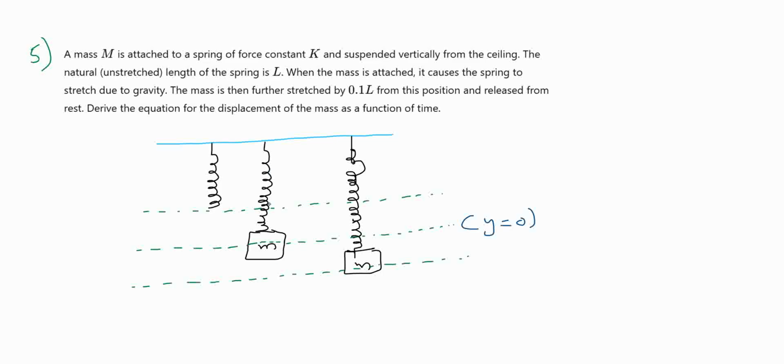Here the center of mass will move only in one dimension. I am taking positive y and negative y. As it is stretched towards the downside, let me take this as the positive y-axis. It doesn't matter whether you take this as positive or negative y-axis, the answer will be the same.